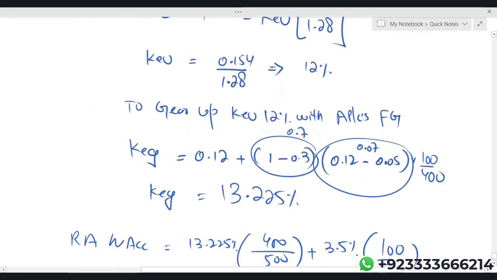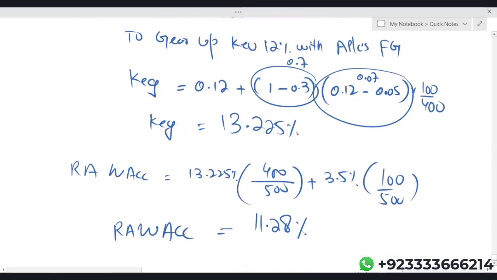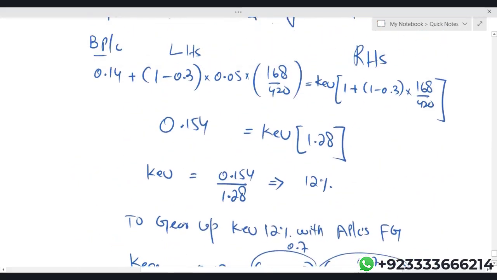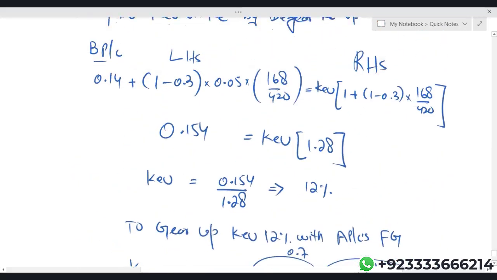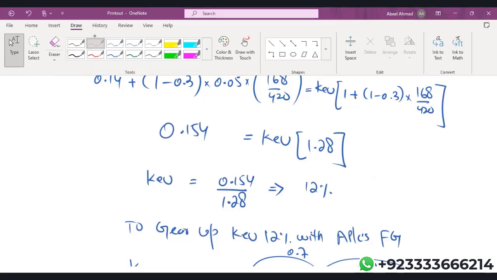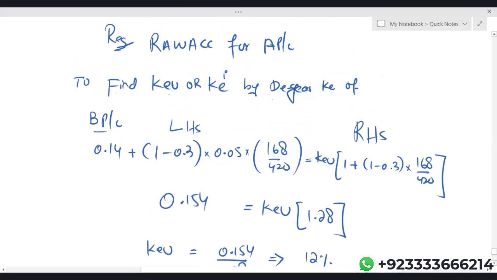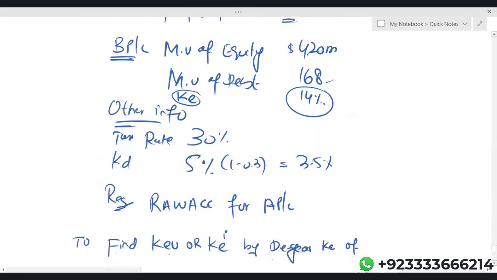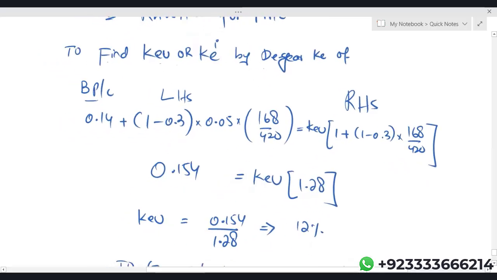That's an assumption in MM plus tax equation, and you people are very nice. You did not ask the question, but let me tell you this. Let me change the color for this assumption. Please look at this.